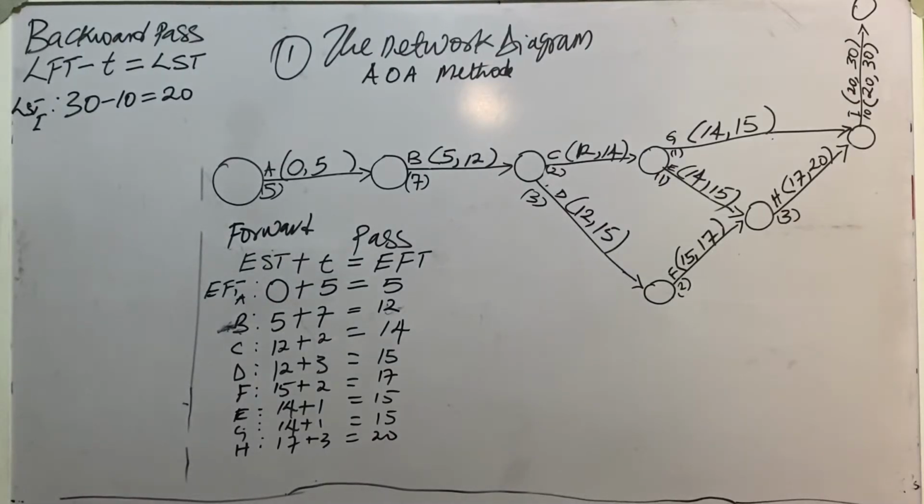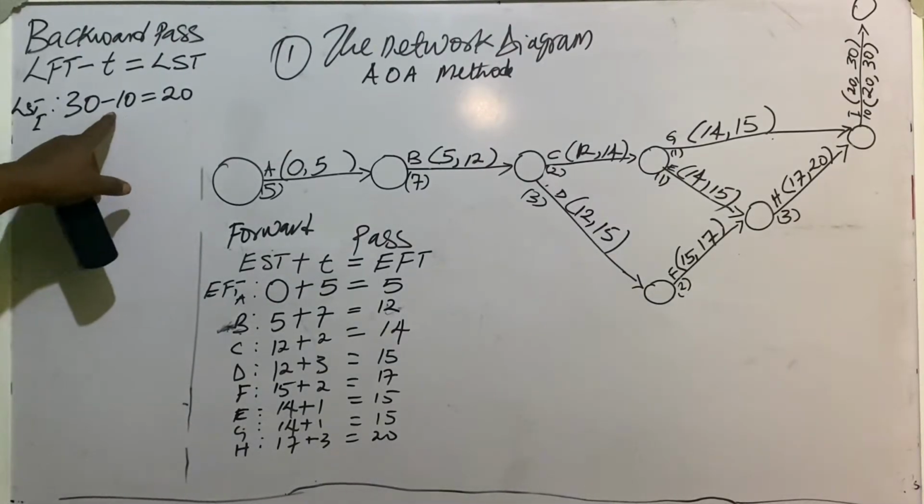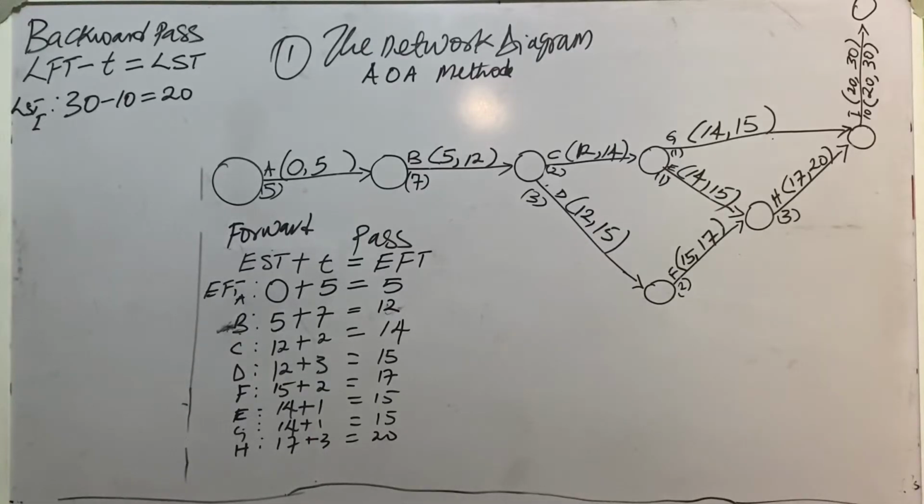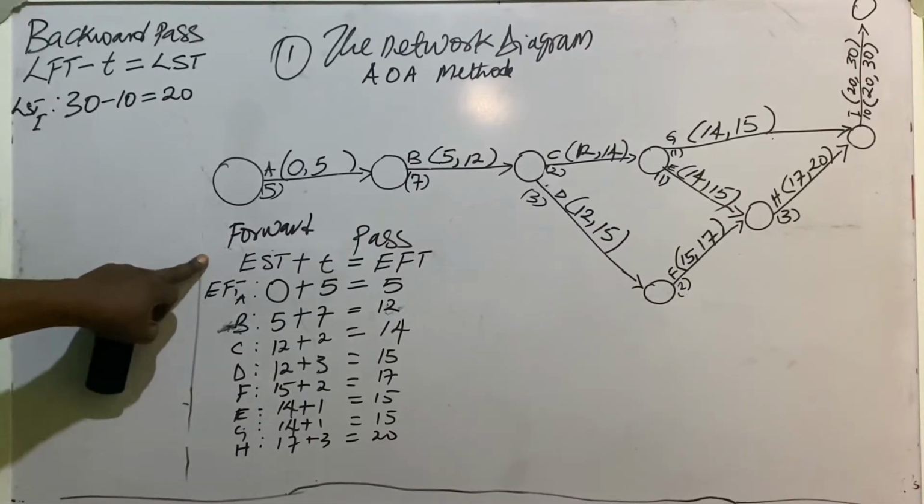So for activity I, we have 30 minus 10 give us 20 as our latest start time.